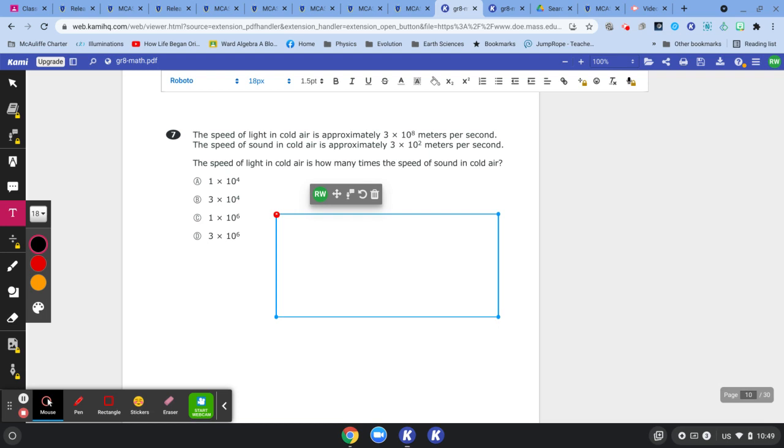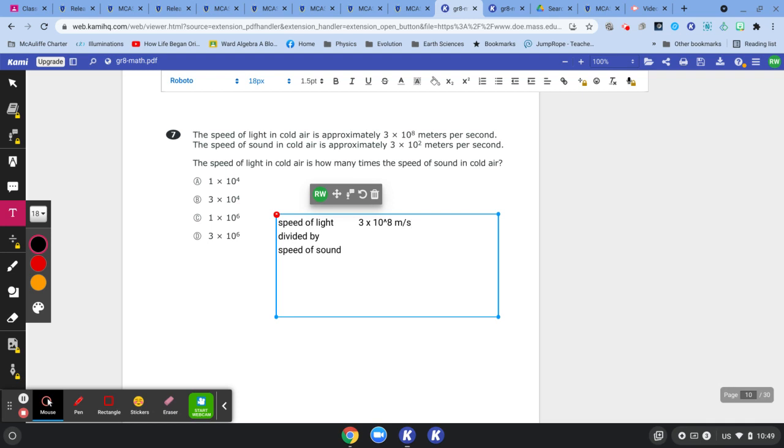If you want to find out how many times something goes in, we're talking about division. So we're talking about speed of light divided by speed of sound. So let's do that here. Speed of light, we've got that as 3 times 10 to the 8th meters per second.